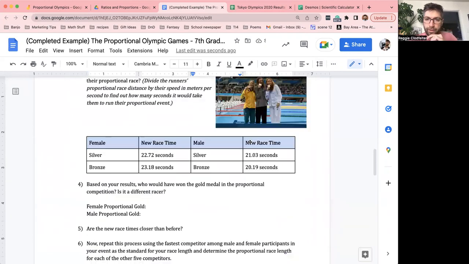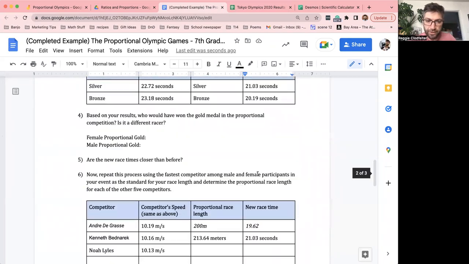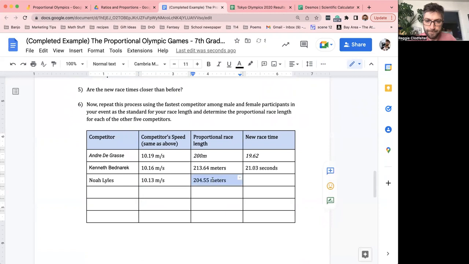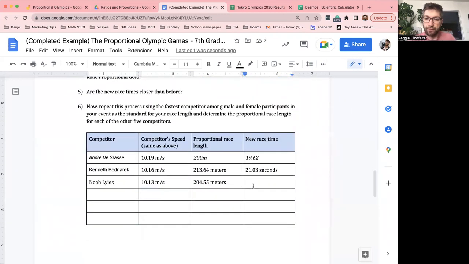Then I grab the proportional race distance for Noah Lyles from question 2, and the proportional race time from question 3. So for the first 3 rows, I'm just collecting what I'd already done for, in this case, the men's division.